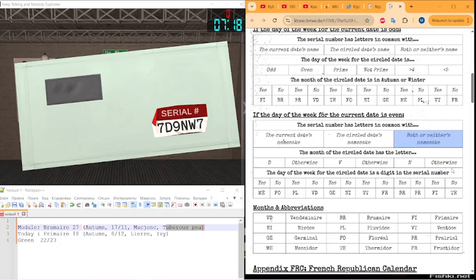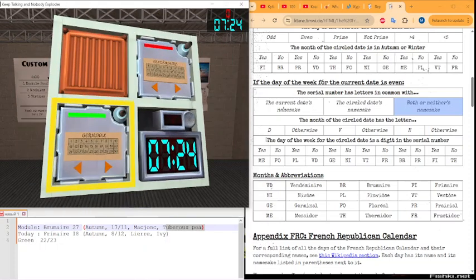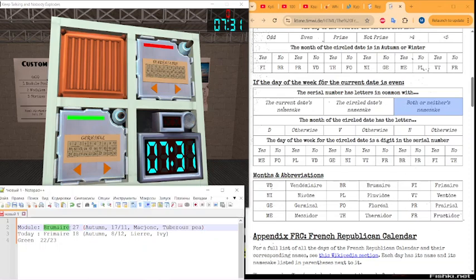Now we look up the next rule and select one of these two. The month of the circled date has the letter N. Month of the circled date, so the module's date, Brumaire, it has no N, so we'll take the otherwise path. The day of the week for the circled date is a digit in the serial number.